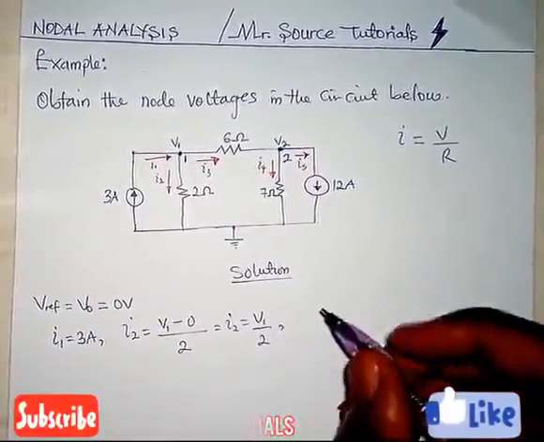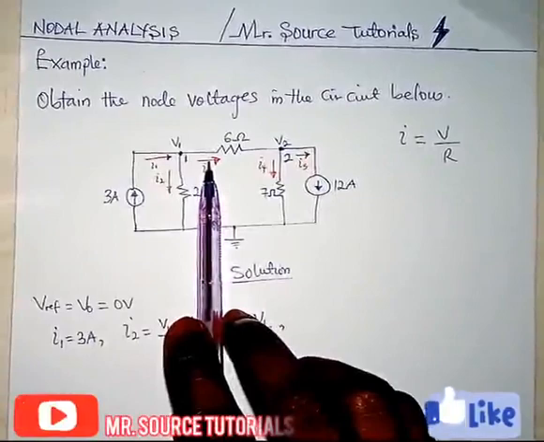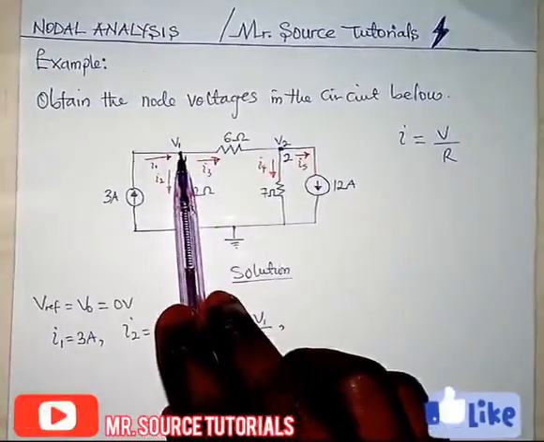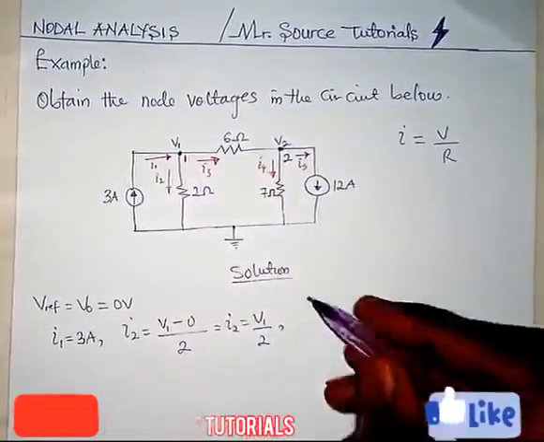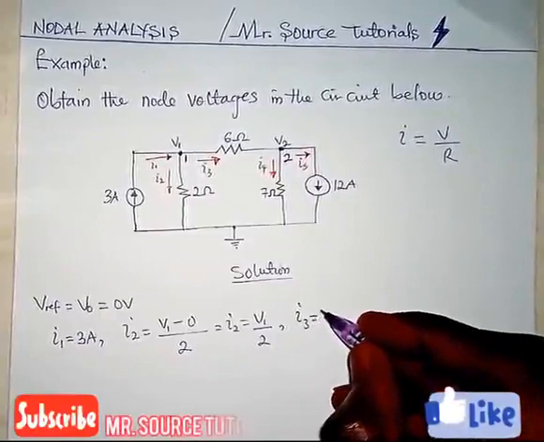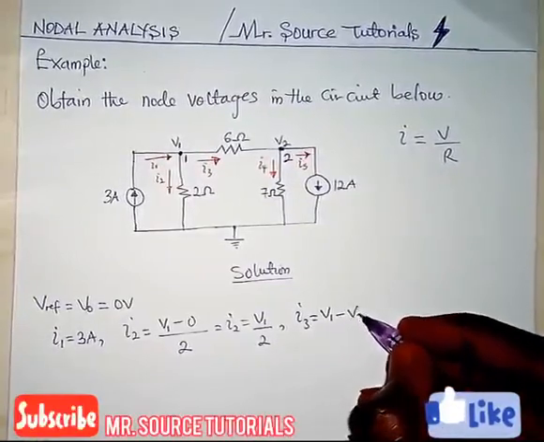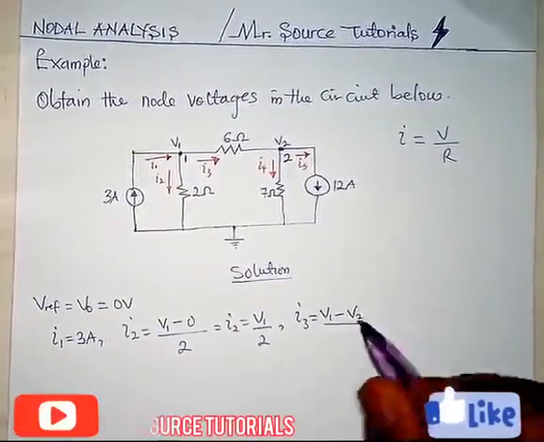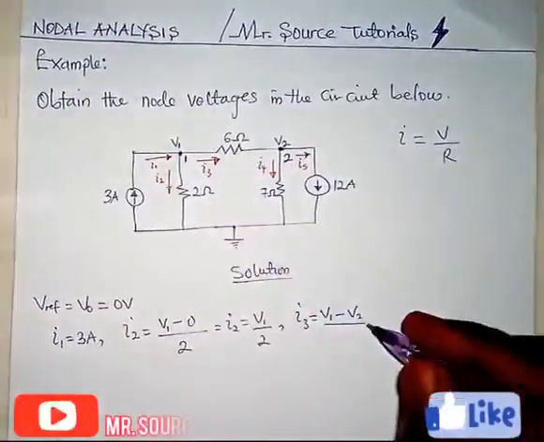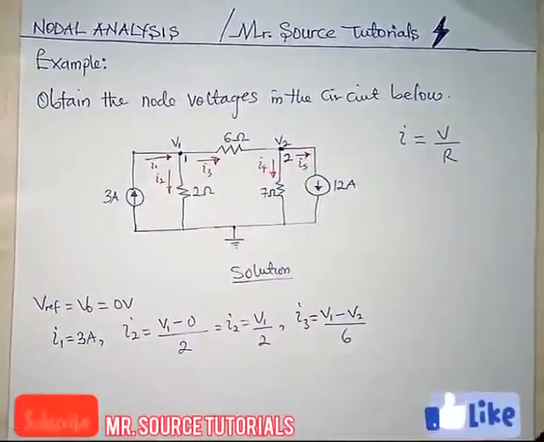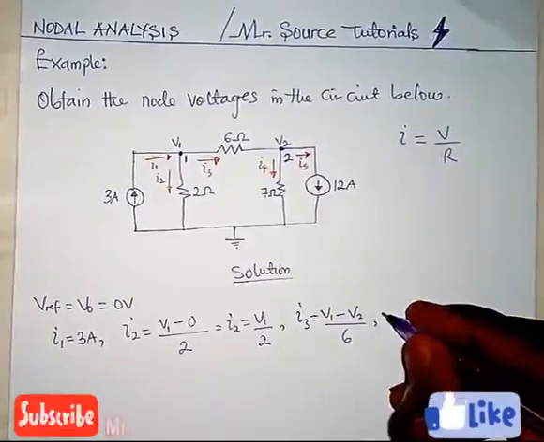The next one is current I3, leaving V1 to V2. I3 equals V1 minus V2 divided by the resistance, which is 6 ohms. That's very simple.